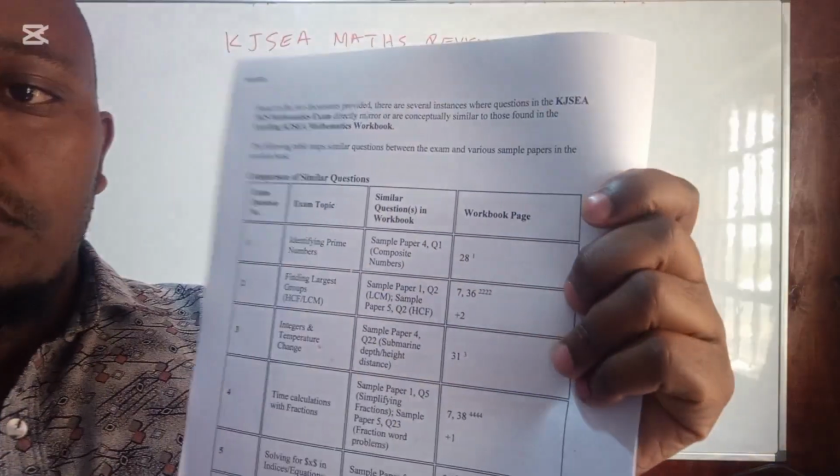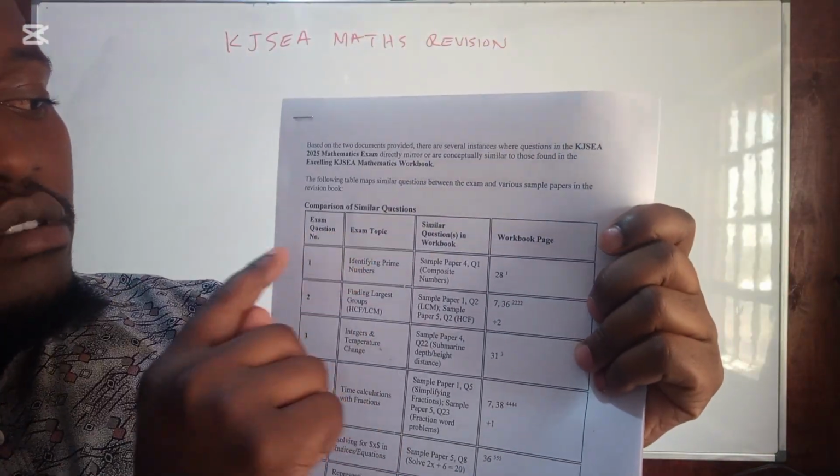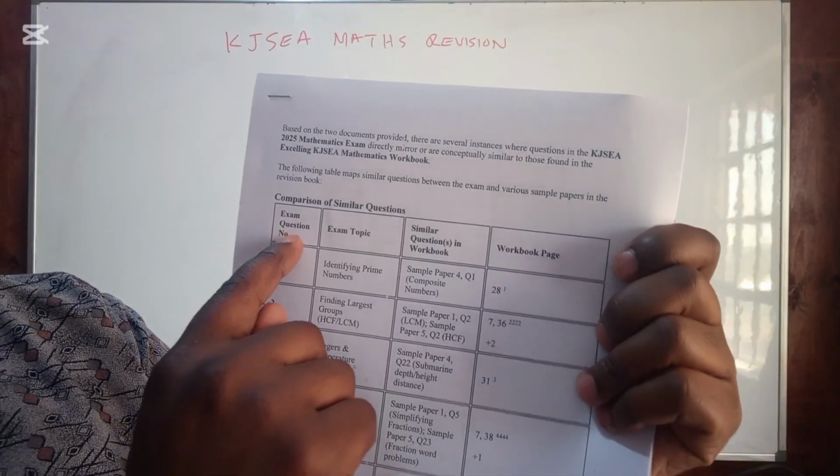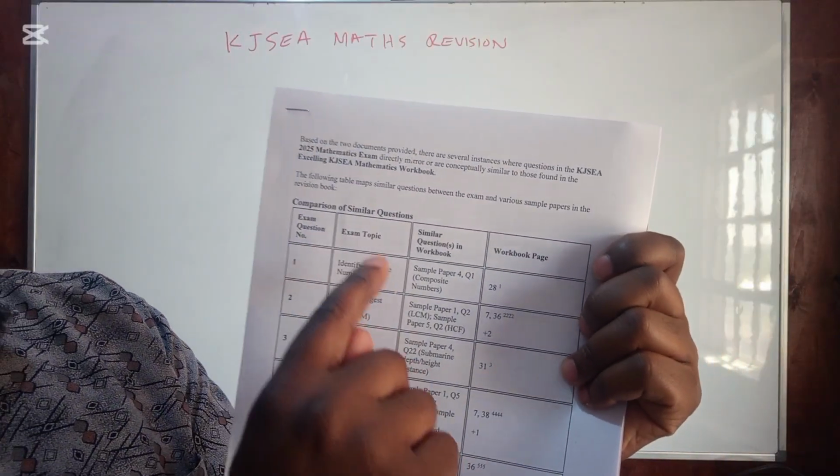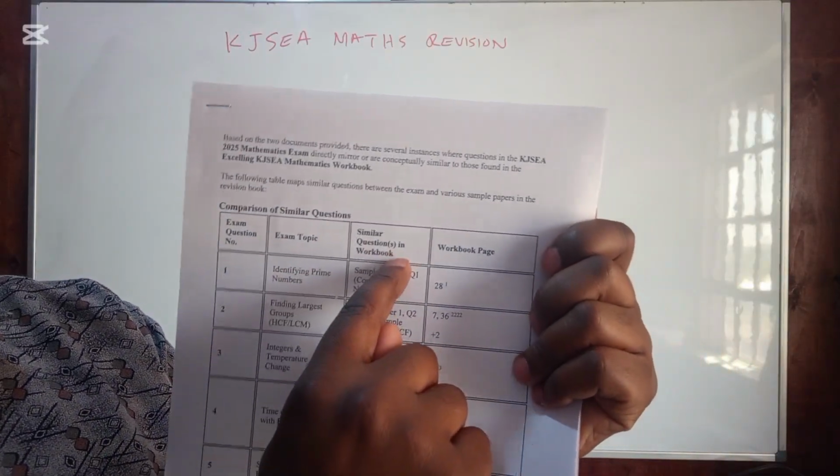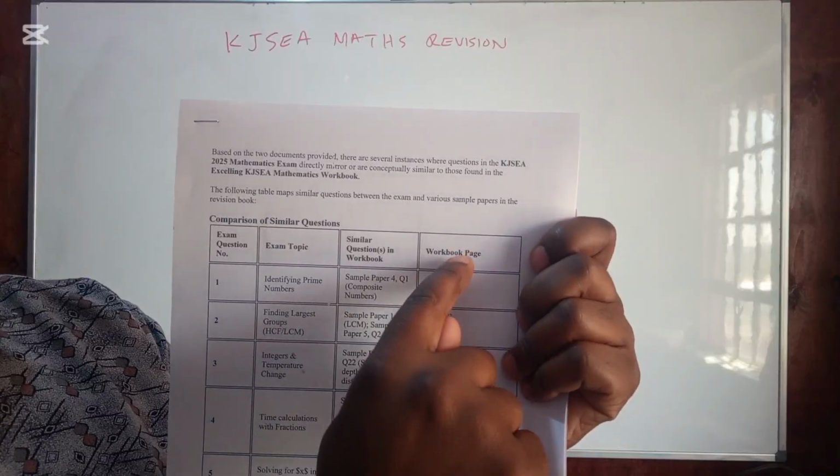This is Google's platform. When I sent the exam against my book, it has written the exam question number, exam topic, similar questions in the workbook, my book, and workbook page.